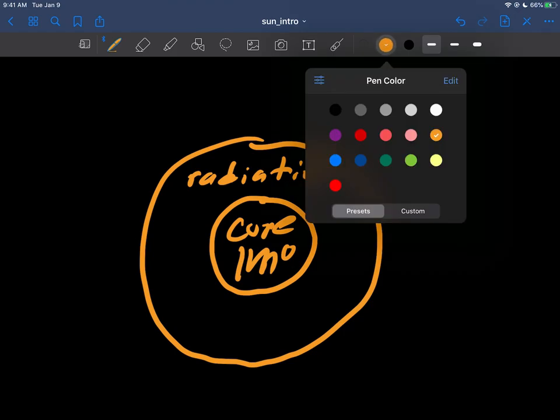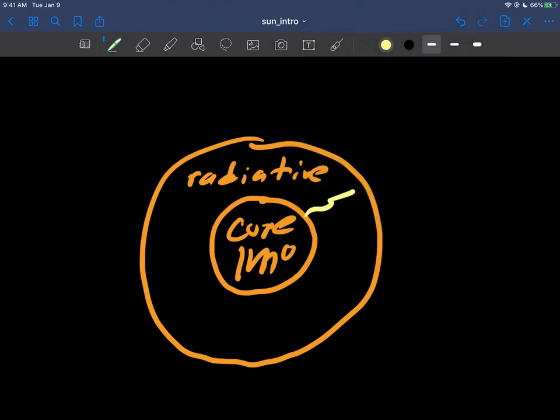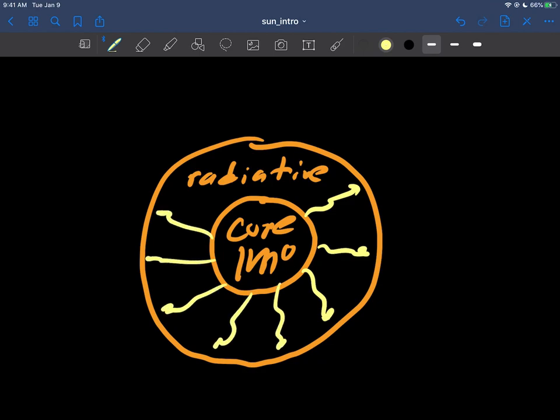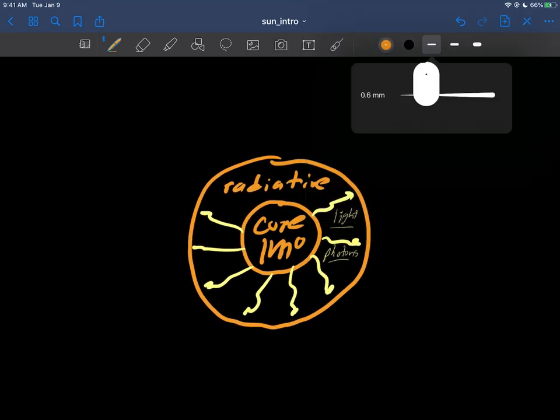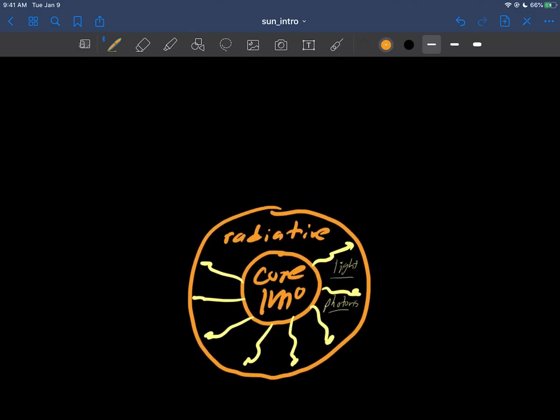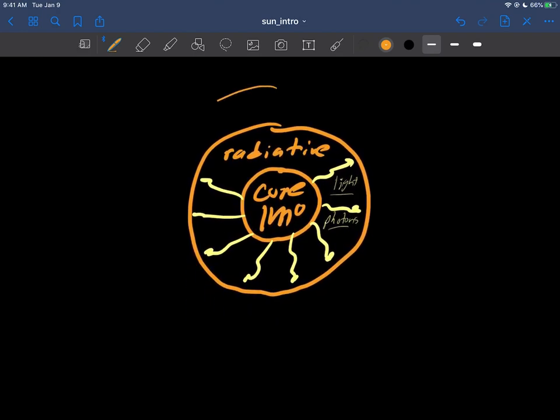zone, and this is characterized by the traveling of light from the core to the outside, whatever electromagnetic energy you'd like to think of, whether it's just light, if you will, or even if you like to think of it as photons, that's all fine, but that's what's going to be traveling there in the radiative zone, just light in any way you like to think about it, okay? And then after that zone, we go to the convection zone on the outside of that.